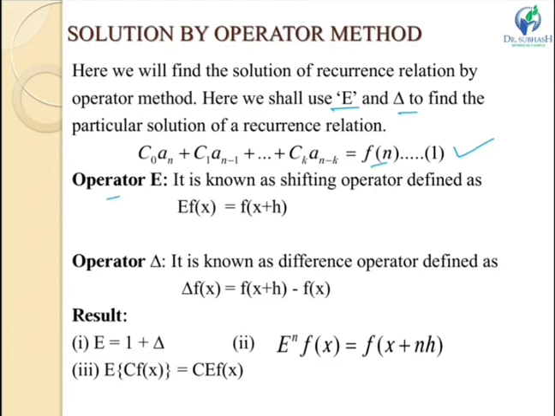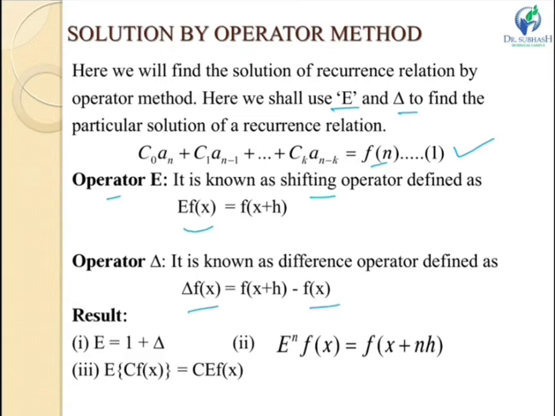Operator E is known as the shifting operator and is defined by E f(x) equal to f(x plus h). The next operator is delta. It is also known as the difference operator and is defined by delta f(x) equal to f(x plus h) minus f(x).